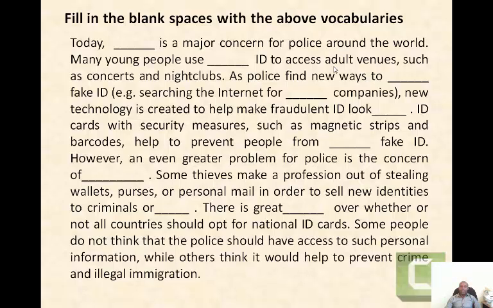ID cards with security measures such as magnetic strips and barcodes help to prevent people from blank the fake ID. However, a greater problem for police is the concern of blank. Some thieves make a profession out of stealing wallets, purses, or personal mail in order to sell new identities to criminals or blank.